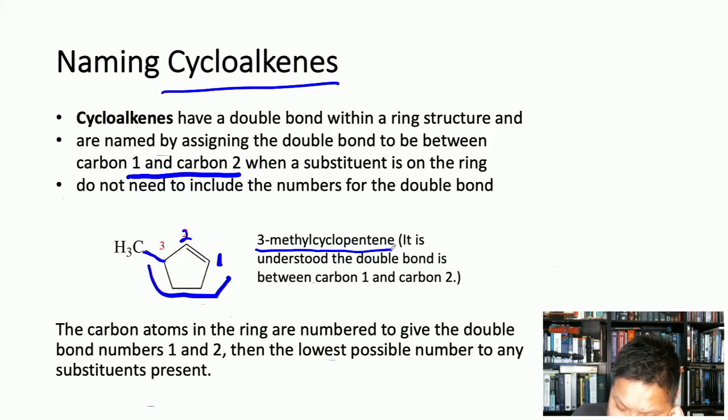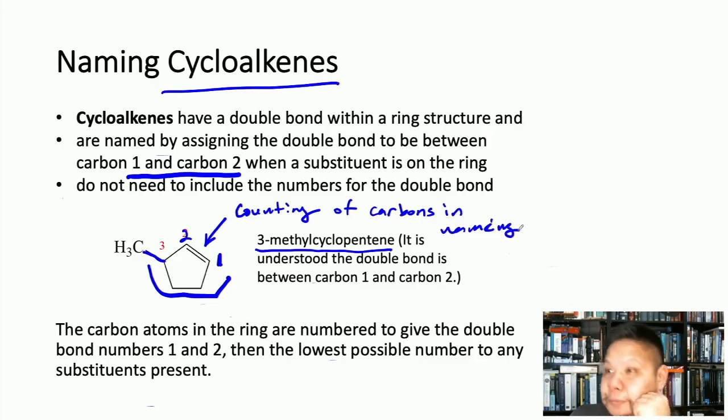So double bonds always begin the counting of the carbons in the naming. And the important thing here is that we already know that it's a double bond because it's a pentene.